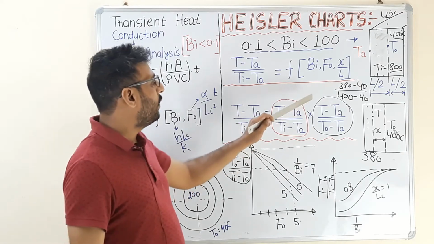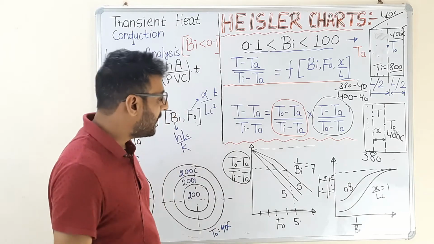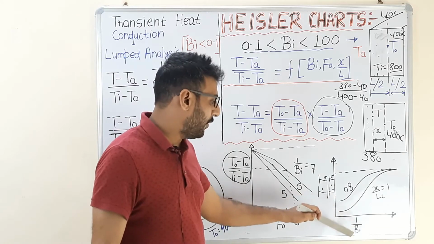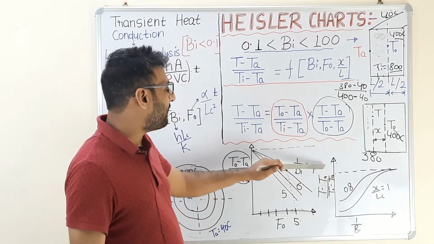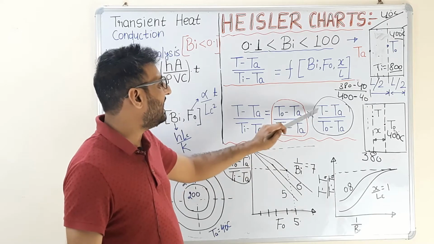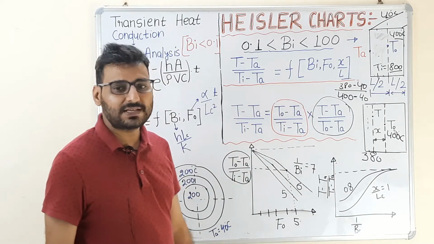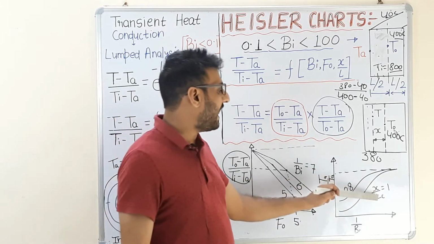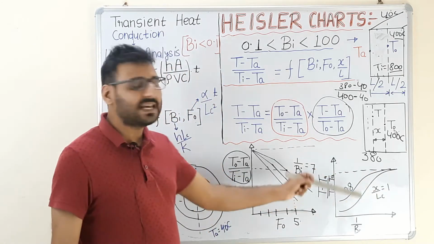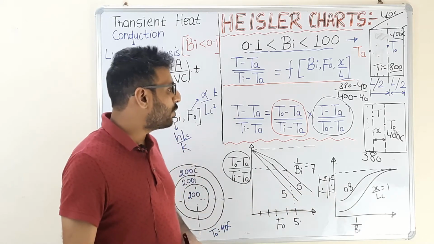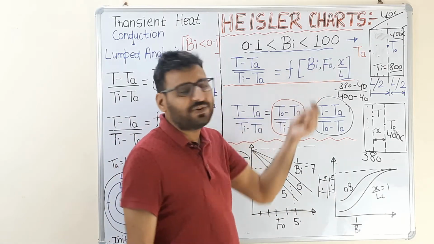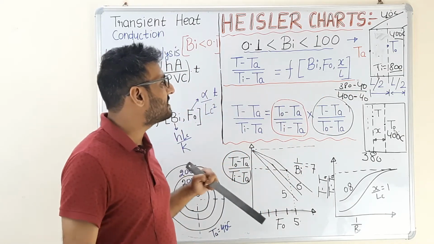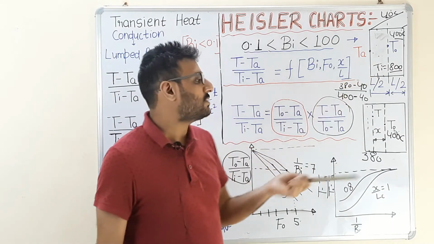Now looking at the second type of Heisler chart, this is the chart between 1 upon Biot number and the temperature distribution, T minus Ta divided by T naught minus Ta, and these are the curved lines corresponding to the x by L value, where LC is characteristic length. As we already know, for the flat plate the characteristic length is half of the thickness of the plate.